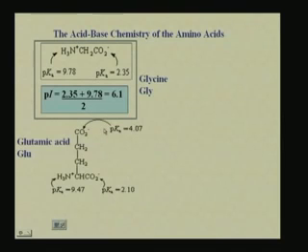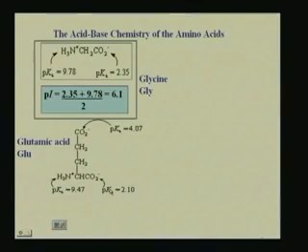What happens if I have a glutamate? When is the charge 0 for the glutamic acid? The charge is 0 when it is between these two. Now, this is pK2 for the amine, this is pKr, this is pKa.